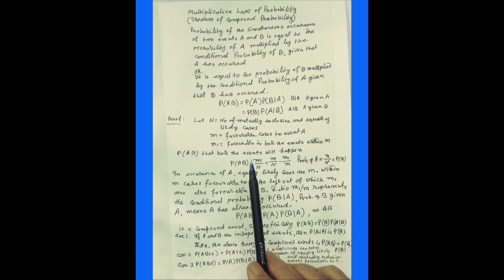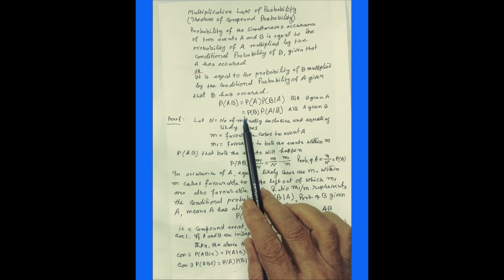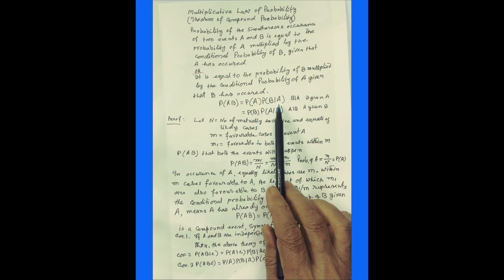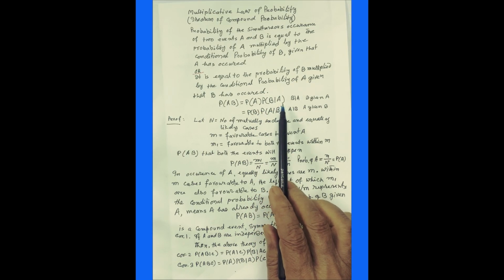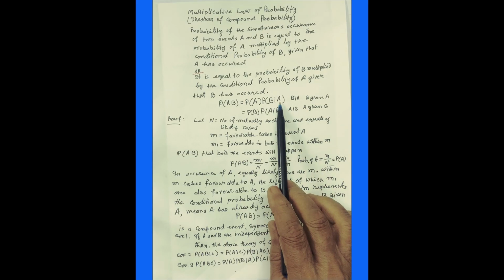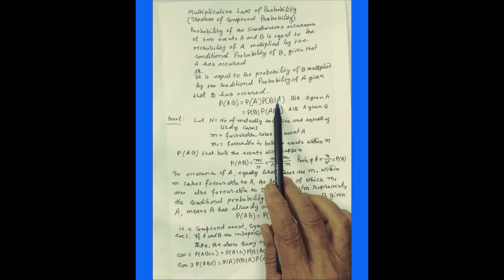If A occurs first, then the probability is this.